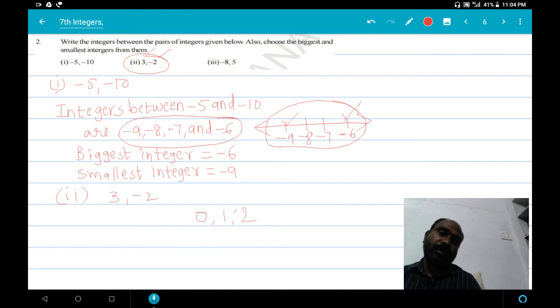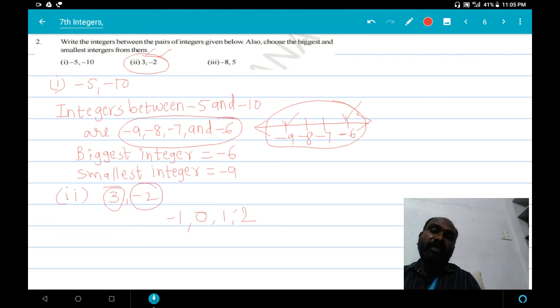next 3, but here in the question we are asked between the pair of integers. So 3 is not included here. So 1 and 2, next 3, but we can't write 3 here. Here left side of 0 is -1, next number is -2, but here -2 is there.